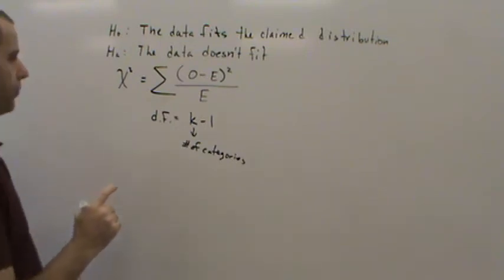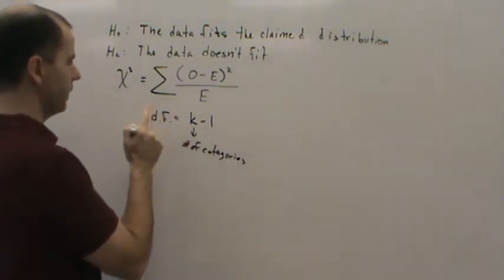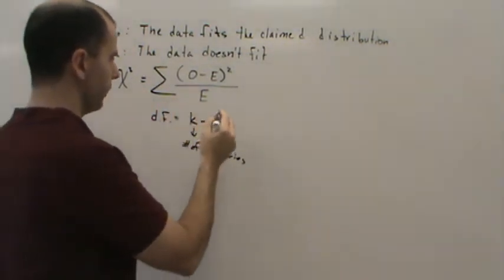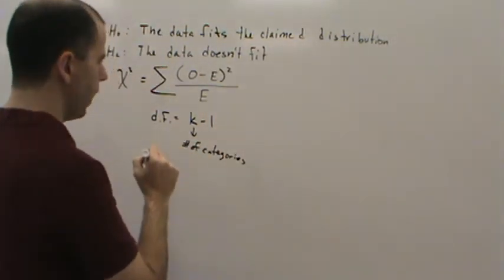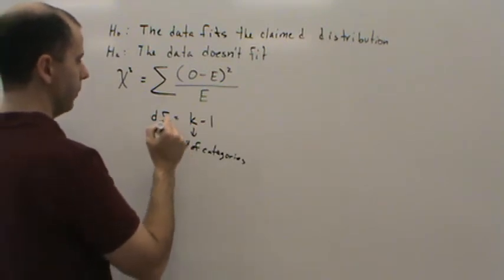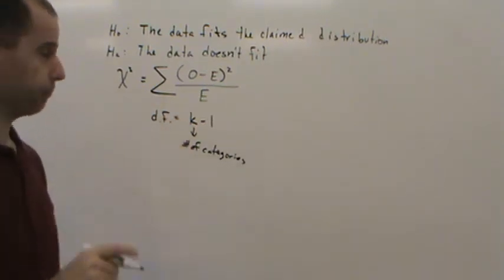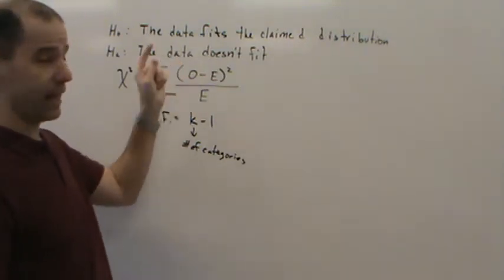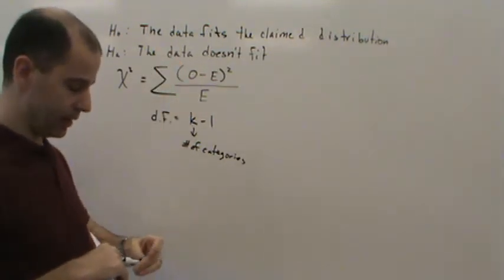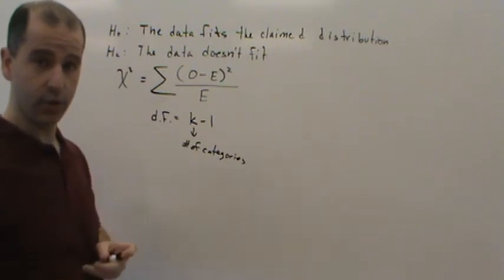Now, before we get into the assumptions, one thing to realize is that this test is always a right-tailed test. The reason why is, think about it this way. Let's assume that the data does fit the distribution.